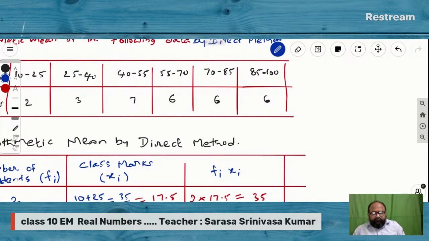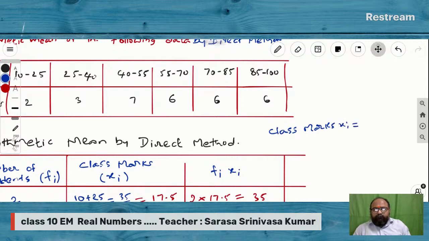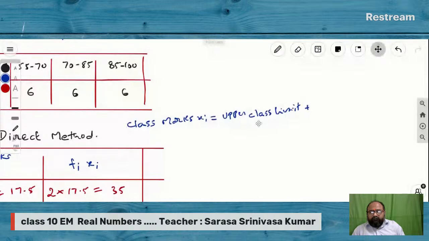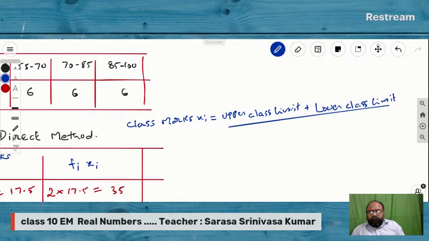Class marks xi equal to upper class limit plus lower class limit by 2.